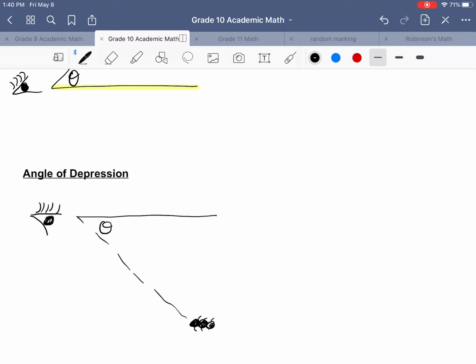Here's my little ant. And you're looking across at the horizon and then down. This is really important because a lot of students confuse this one and think that you're looking straight down and then up. But no, you're looking out and then down. So angle of depression, looking down from the horizon.